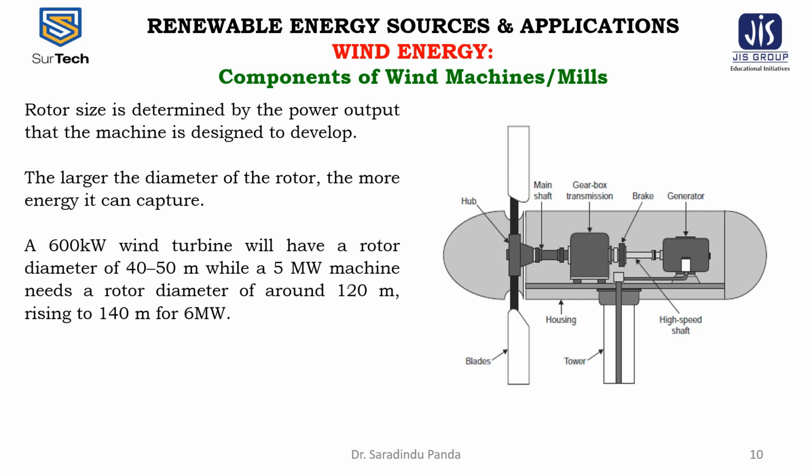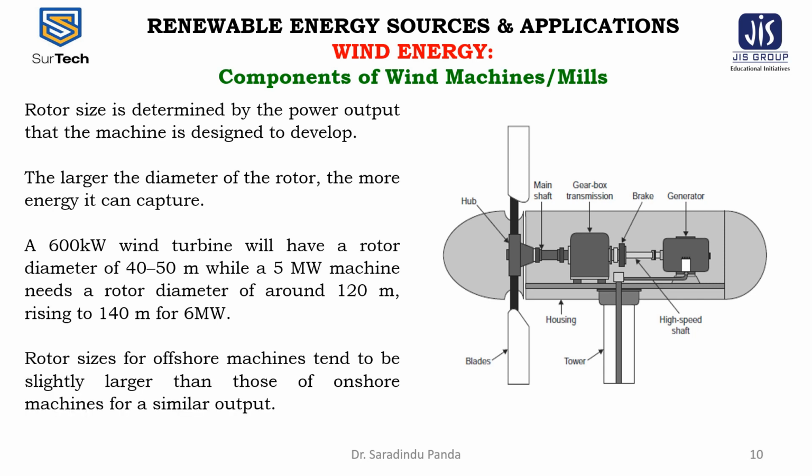A 600 kilowatt wind turbine will have a rotor diameter of 40 to 50 meters, while a 5 megawatt machine needs a rotor diameter of around 120 meters, rising to 140 meters for 6 megawatt. Rotor sizes for offshore machines tend to be slightly larger than those of the onshore machines for a similar output.